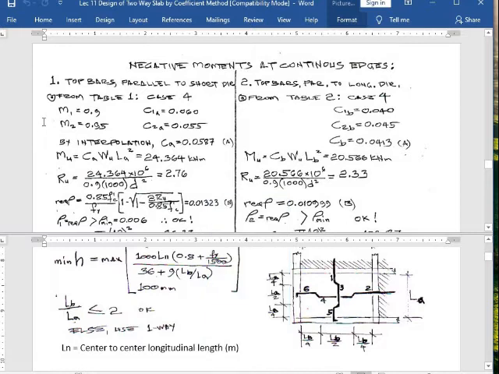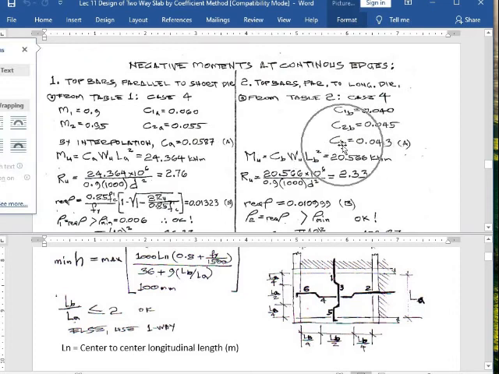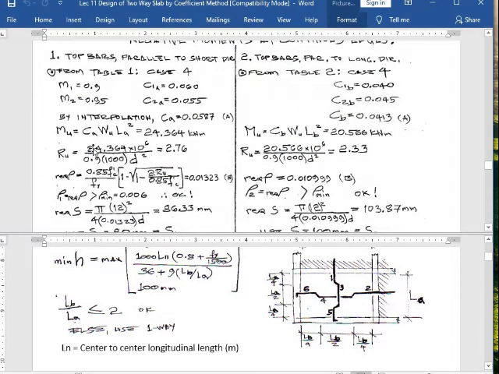So, yung pattern sa bars 1 and 2, parehas lang. First thing is to determine your coefficients, CA, tsaka CB sa bar number 2. And then, you analyze this as a singly reinforced beam with a beam width equal to 1 meter or unit width, 1,000 millimeter.